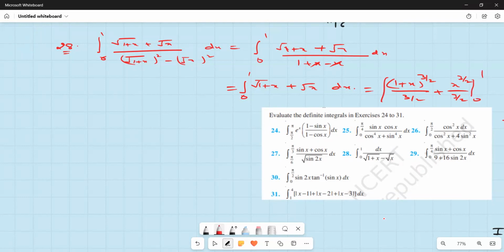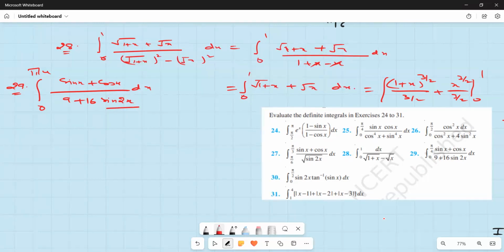Next question 29. 0 to pi by 4, sin x plus cos x upon 9 plus 16 sin 2x. Again, sin 2x is there, and in the numerator it is plus now. So what will you take? Sin 2x as 1 minus sin x minus cos x whole square, like the previous one.